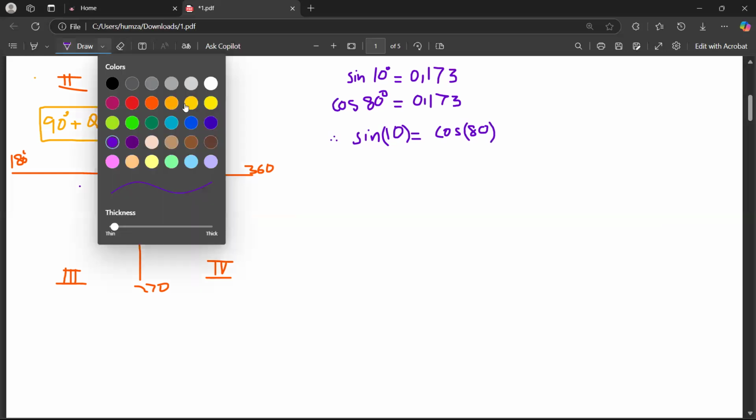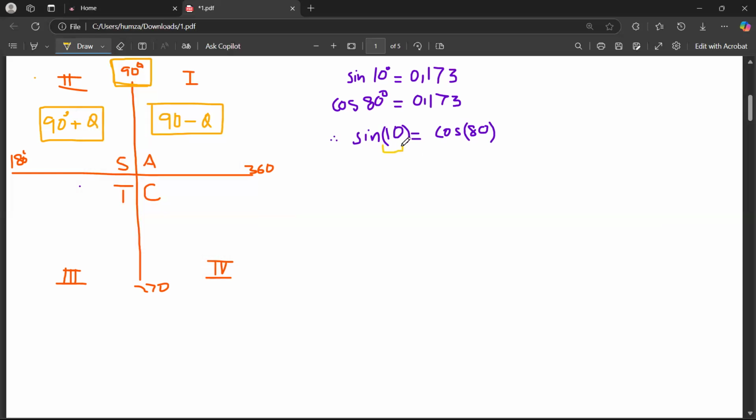Okay, so notice something very interesting here. This 10 here and this 80 here are angles. And if I add these two, 80 plus 10 will give you 90 degrees. Correct? So we use this co-function and reduction formula when we add two angles and they give us a sum of 90 degrees.